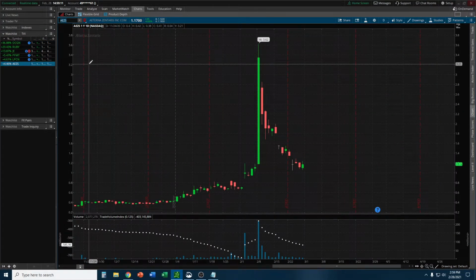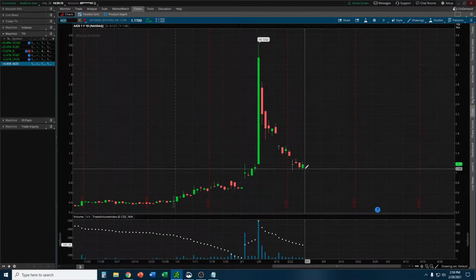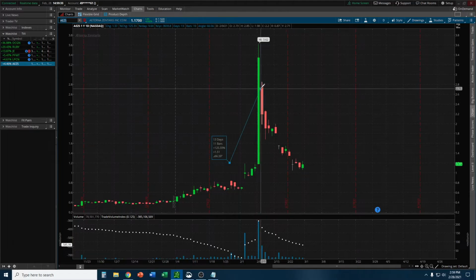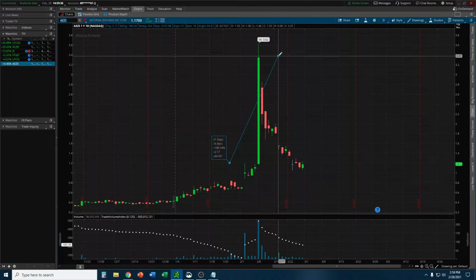Now you can see with this particular stock that second spike has not yet occurred and may not occur. But I guarantee that day traders are very keen on watching this stock because they know it has the potential to push up very dramatically in a day.